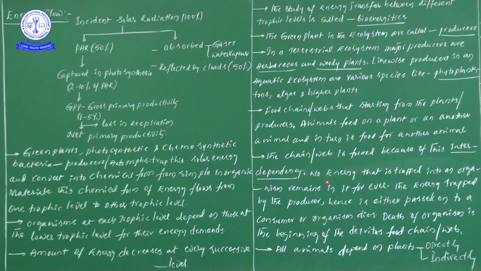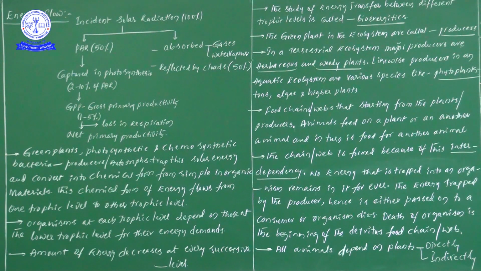This point is important from the NEET examination point of view. No energy that is trapped in an organism remains in it forever. The energy trapped by the producers is either passed on to the consumers or the organism dies. The author has given the example of producers.